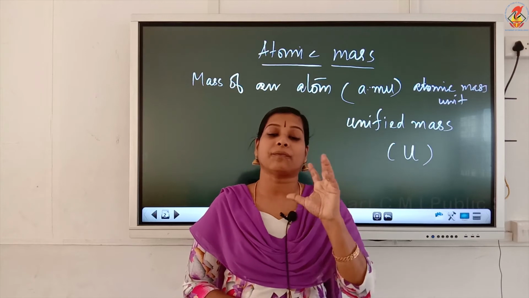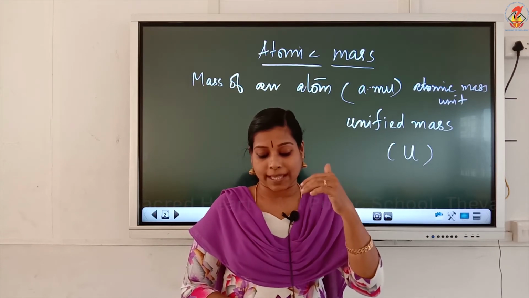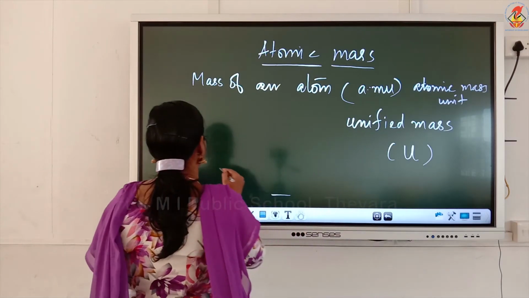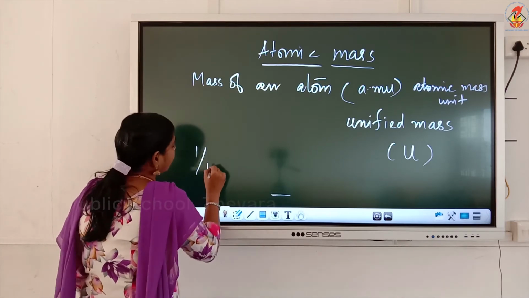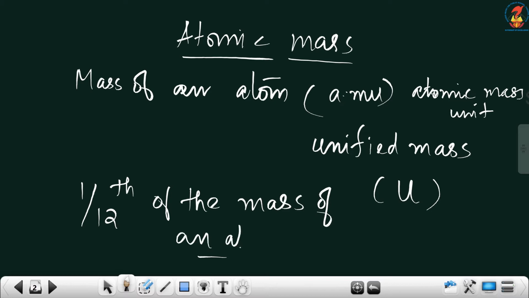Now we can define the atomic mass as the mass equal to 1 by 12th of the mass of an atom of carbon 12 isotope.